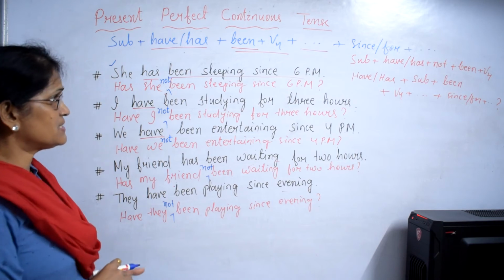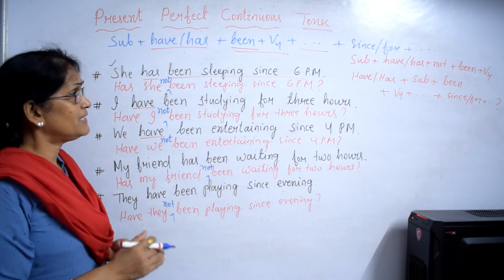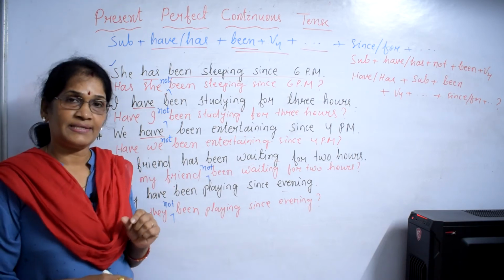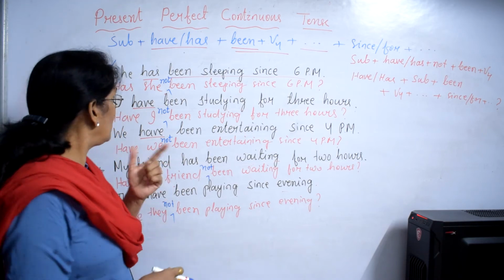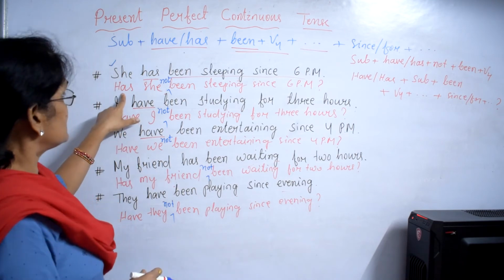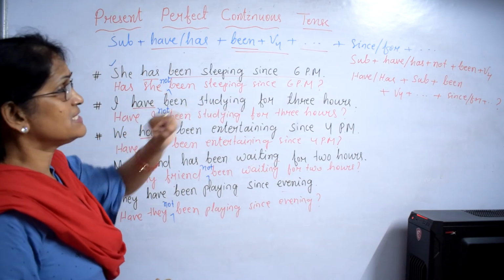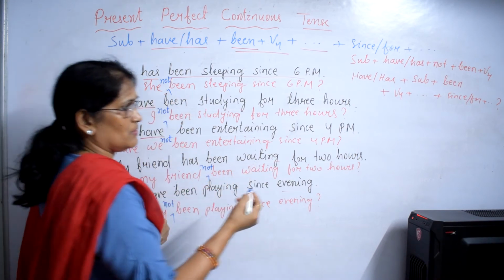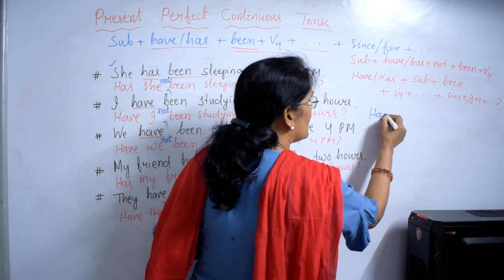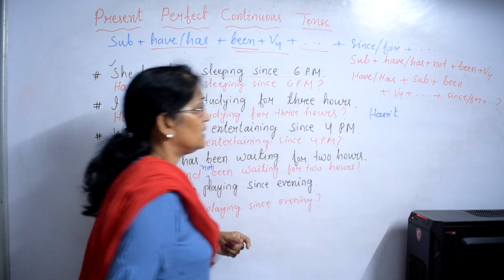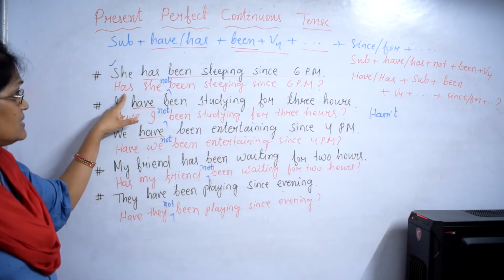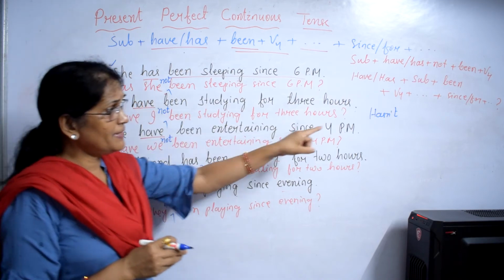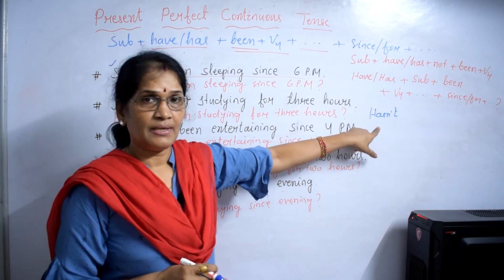And a negative interrogative sentence can also be written in another form. What is that? In the contracted form, you can write haven't or hasn't. This is: has she not been sleeping since 6 p.m.? We can write in such a way: hasn't she been sleeping since 6 p.m.? Okay? Hasn't. Has not. When we write has not in the front before the subject, that must be written in contracted form. Right?